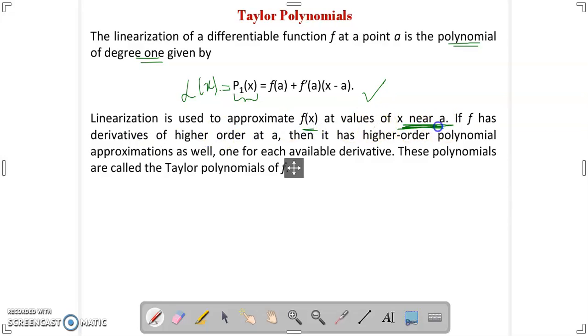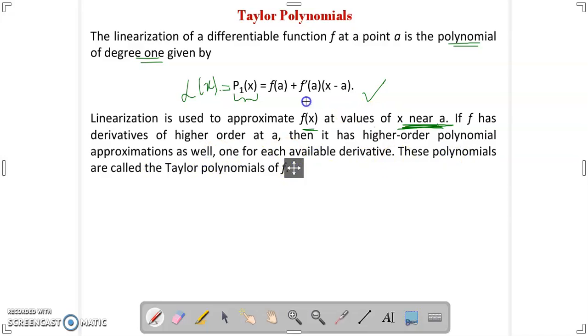Not everywhere, near a. Now, if f has derivatives of higher order, suppose the second order derivative of the function is also defined, in that case you can define the quadratic approximation. Likewise, if the third order derivative is also defined, you can go for the cubic approximation. So in general, we have higher order polynomial approximations as well, one for each available derivative.